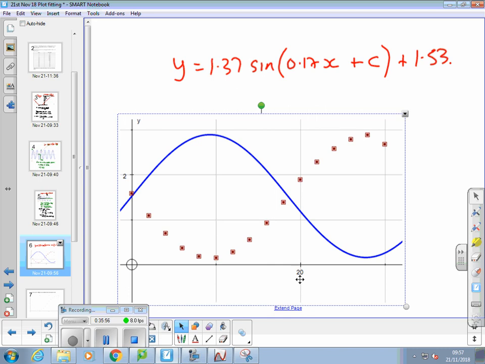So now what we've got to do is apply a phase shift to move this peak from there to there. We need that in radians.